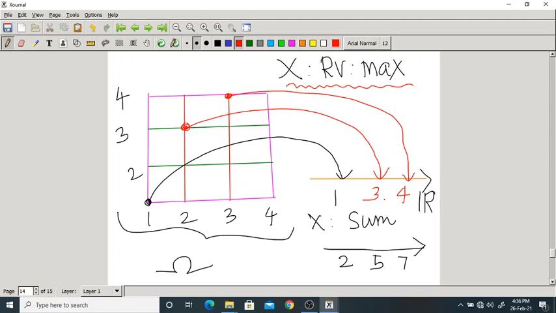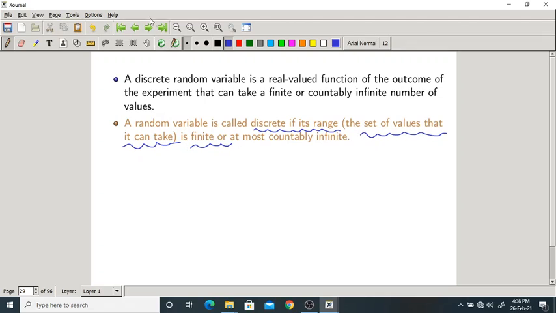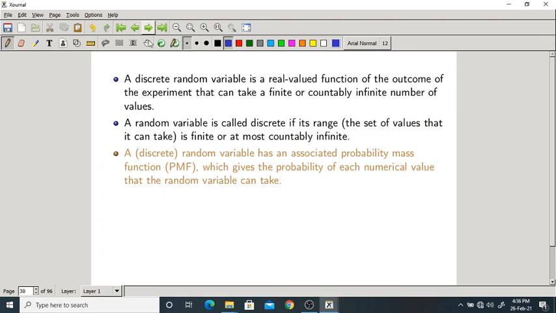So the range is finite. Here the range is 2 to 12, so here also the range is finite. If the range of the random variable is finite, it is called a discrete random variable. The range is the set of values it can take. We'll discuss PMF later. Okay, we'll stop here. Thank you.